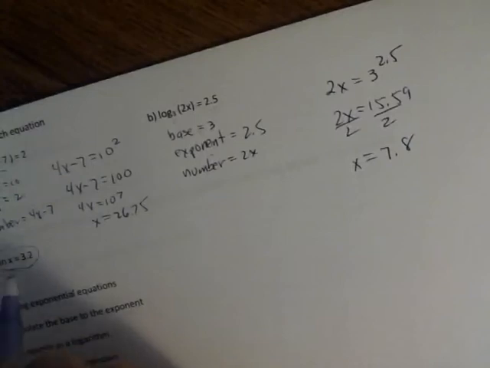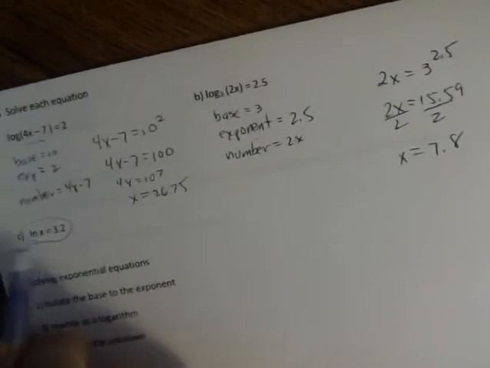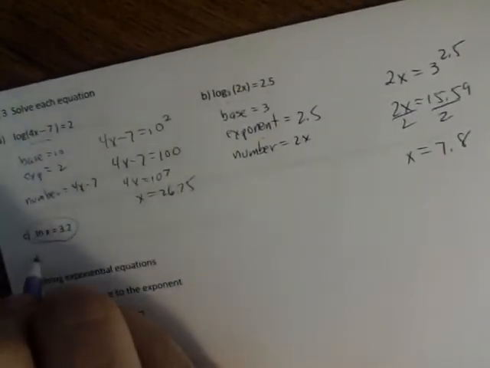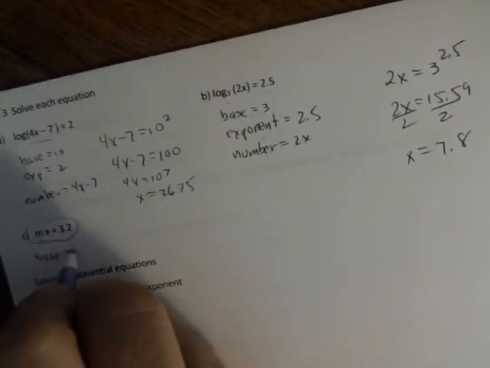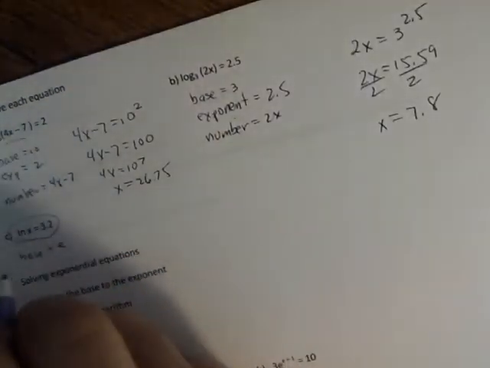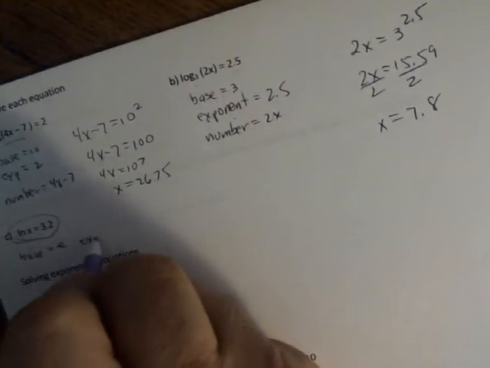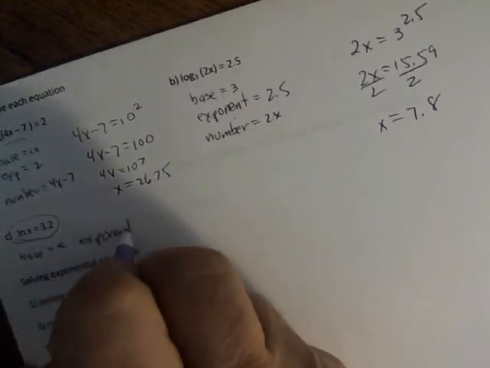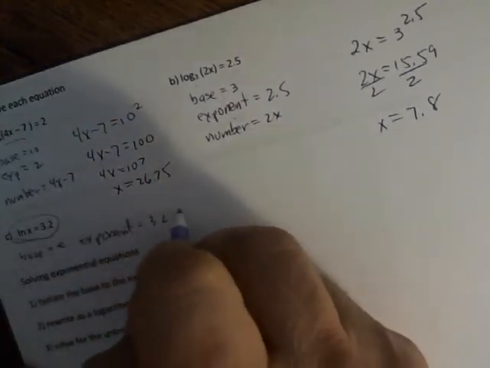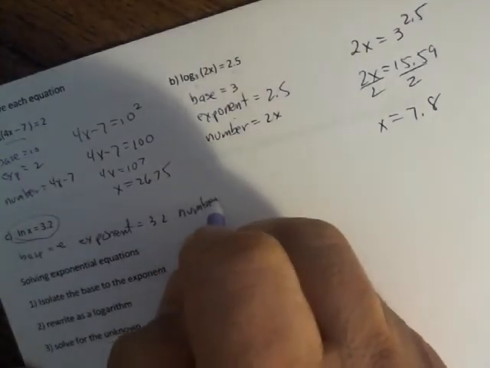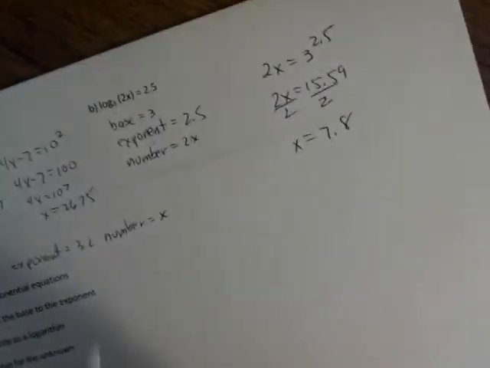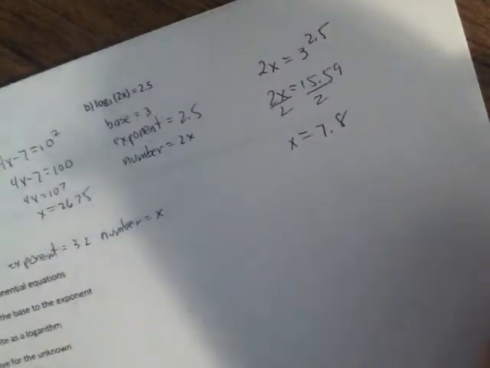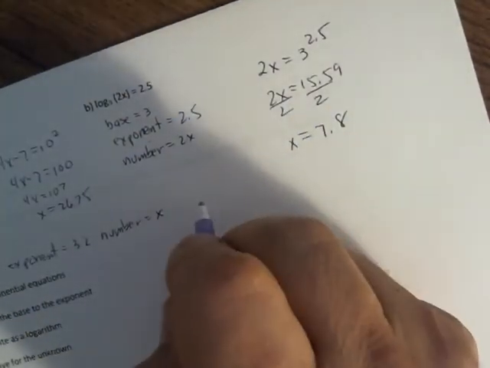This next one now, we've got a different logarithm, which means my base is e. My exponent is 3.2, and my number is x. So I change it to an exponential equation.